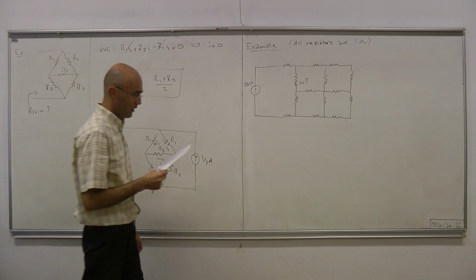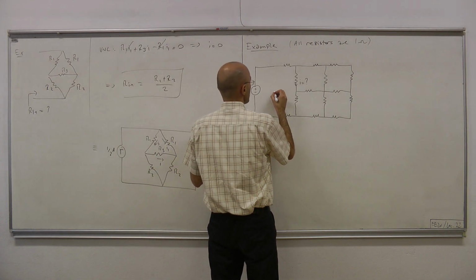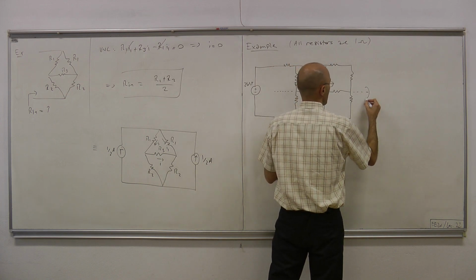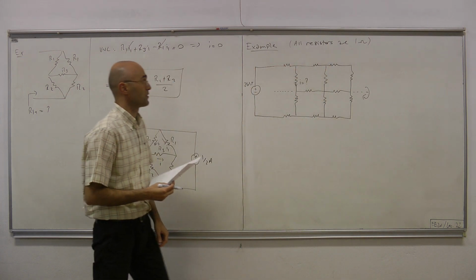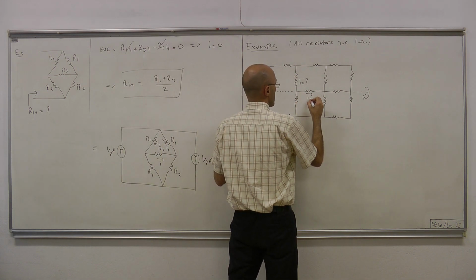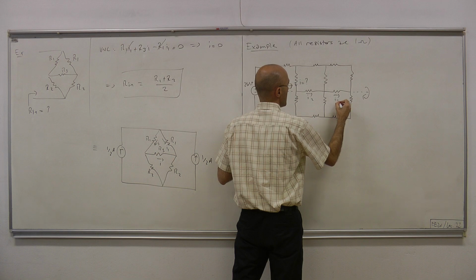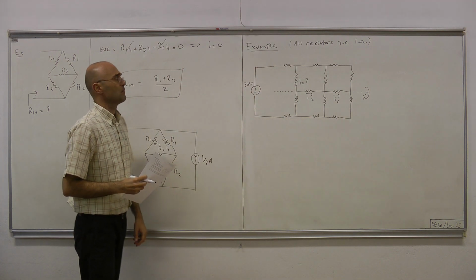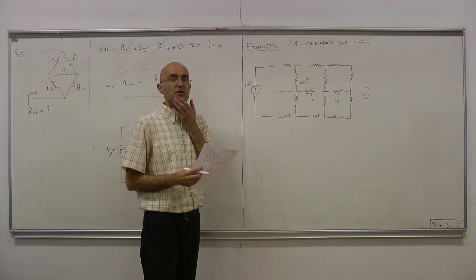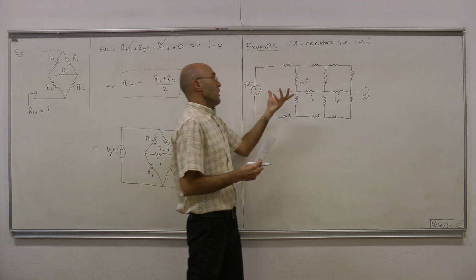What's the current? Now the axis of symmetry is this, the horizontal. If you call these currents I2 and I3, because of symmetry, it's more or less obvious that those two currents must be zero. Why is that?